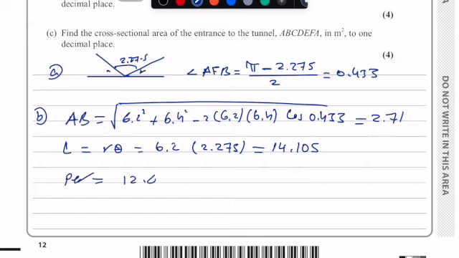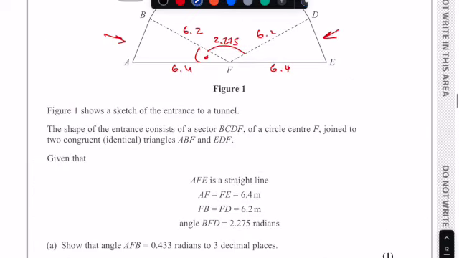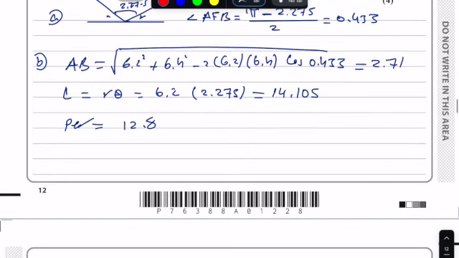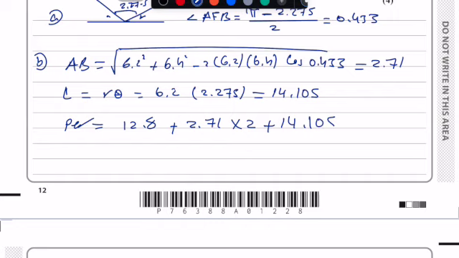Start with the 12.8, the length of the longest side here, this one. Then the two sides, 2.71 times 2, plus the length of the arc, which is 14.105. The final answer will be, to one decimal place of the three significant figure, 32.3 meters.